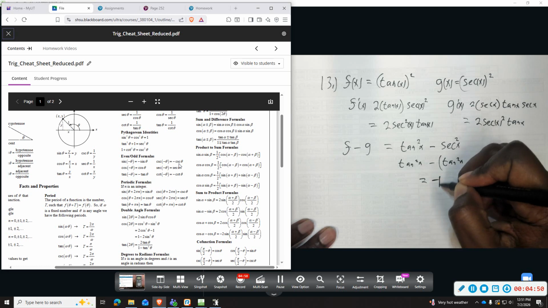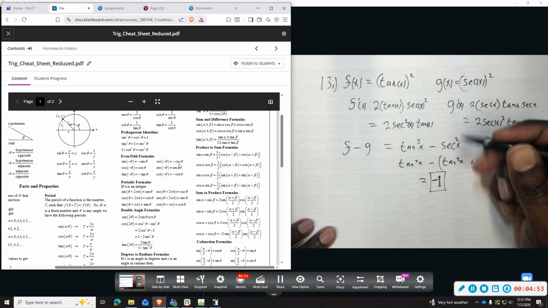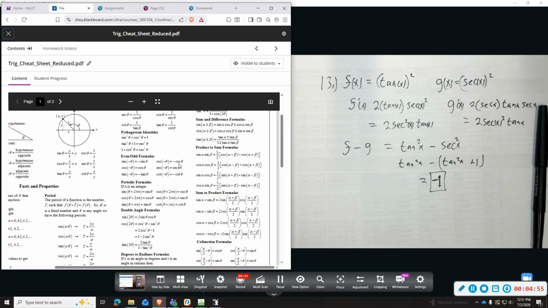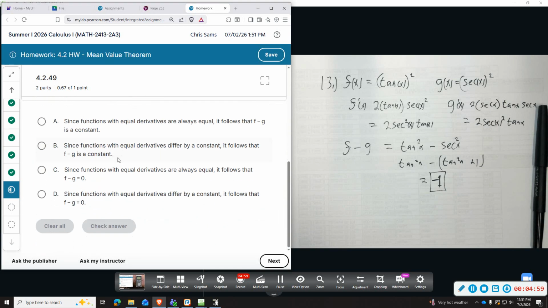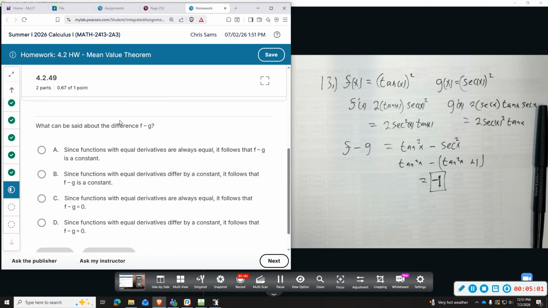And so since both of those derivatives are the same, we can say that they differ by a constant, which we can see when we do the trig identity. And so it says, what can be said about the difference f minus g?